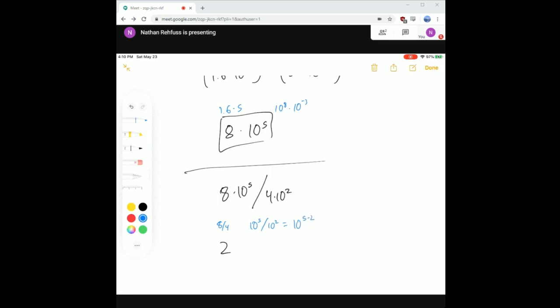So this is 2 times 10 cubed, or 2,000. A lot easier than trying to type 80,000 divided by 400, and again, hoping your finger doesn't slip. I guess that top one would be 800,000, not 80,000. But anyway, that's scientific notation. Now you know.